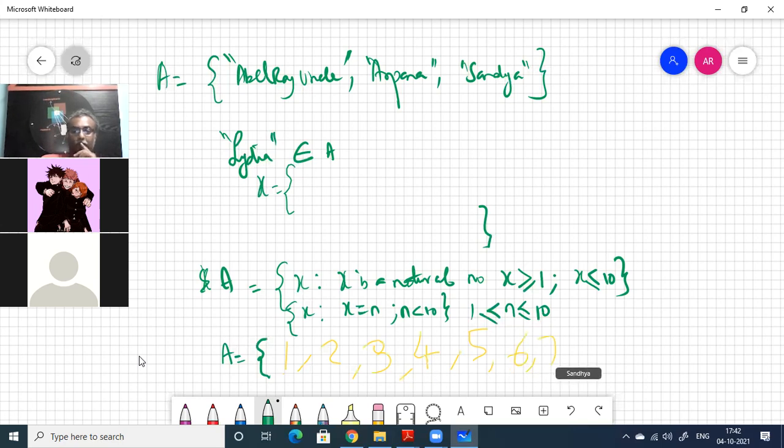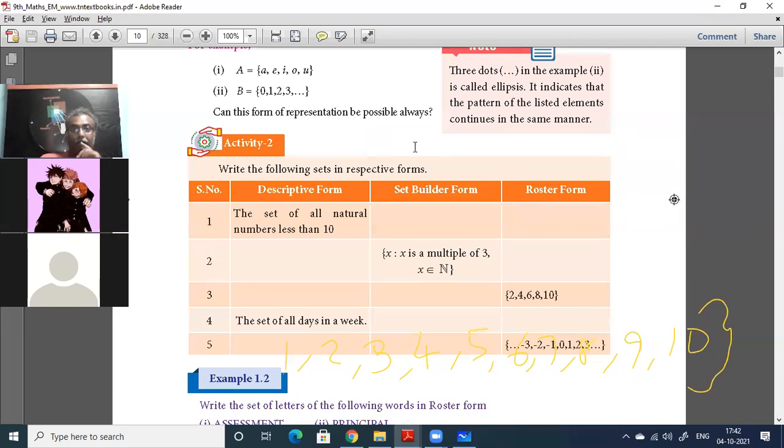Very good, very good. Yes, that is roster form. Okay, I now understand that you guys have read well.